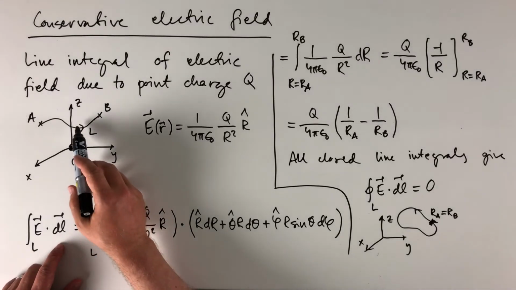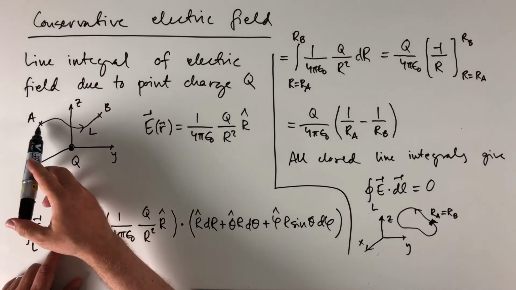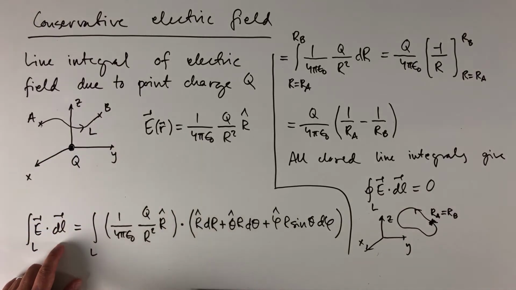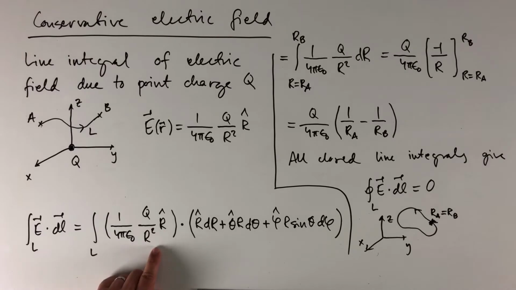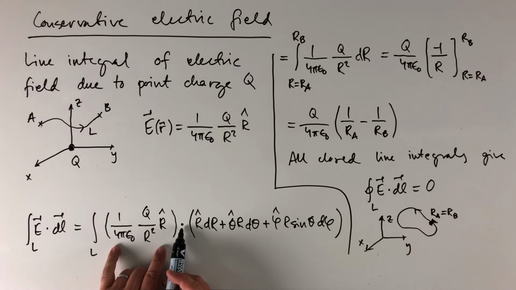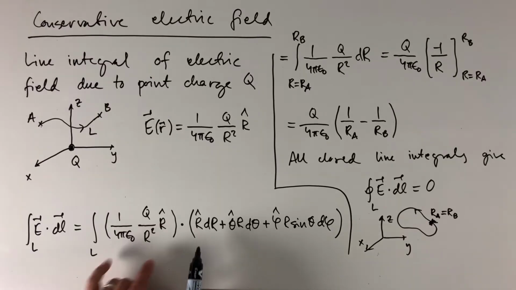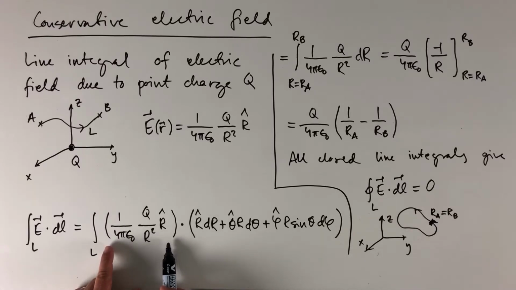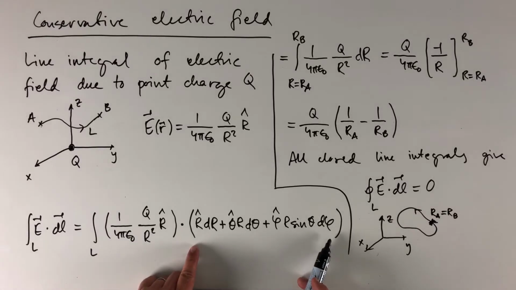And the curve has a direction, and it takes us from the starting point A along the curve to the end point B. So in order to evaluate this line integral, we insert the electric field here, and then we need to have the scalar product with dl. And now, since the electric field is expressed in spherical coordinates, dl also needs to be expressed in spherical coordinates.